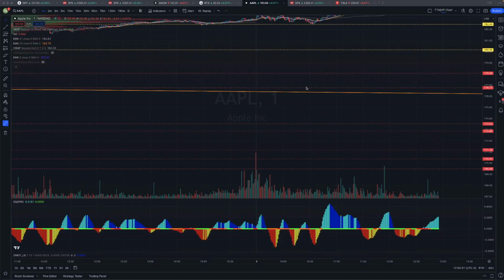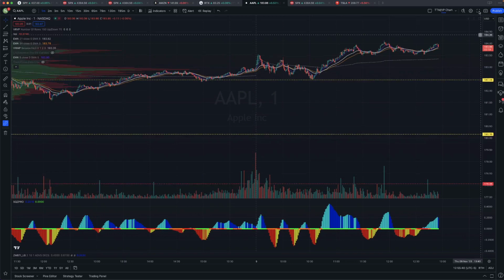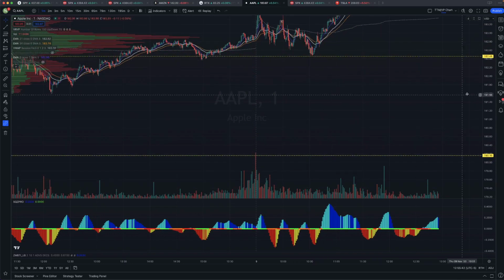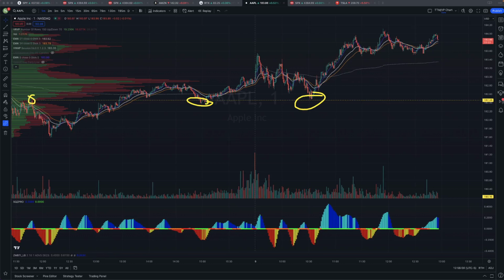But we're coming into it, so I should find out, and you do, and you're like, oh yeah, that's a major level that I need to be aware of. Like this line here, this was a major topping line earlier before we broke out, and I didn't just draw this on my chart, but look at that, perfect, almost to the nose, support level twice, resistance level there. So it's a pretty powerful tool once you start to really use it.